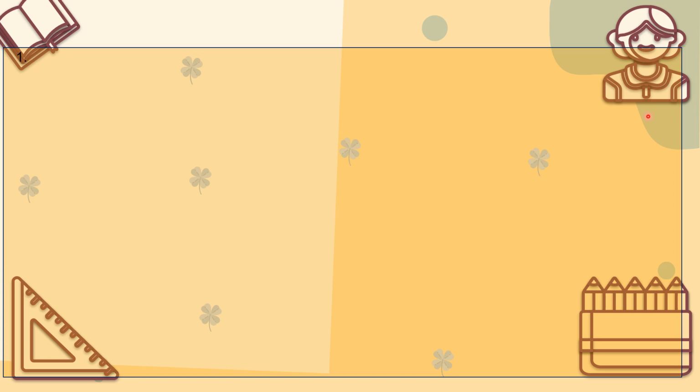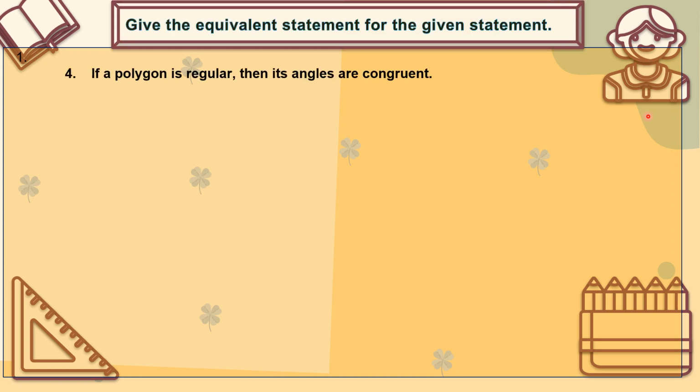Okay, so number 4, if a polygon is regular, then its angles are congruent. So, ano po yung ating statement? Ano napansin nyo? Okay, so wala siyang word na not. So, ibig sabihin, hindi siya inverse, hindi rin siya contrapositive. So, pwede siya sa conditional o kaya ay sa converse.